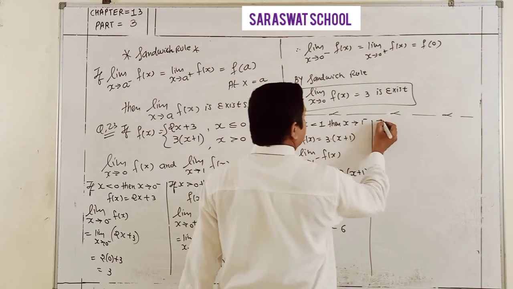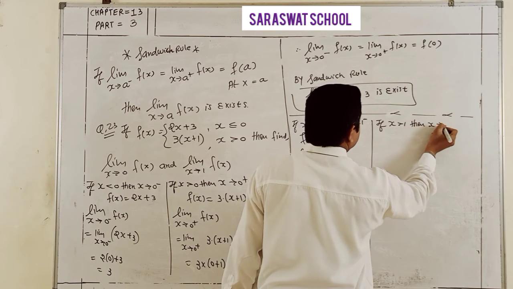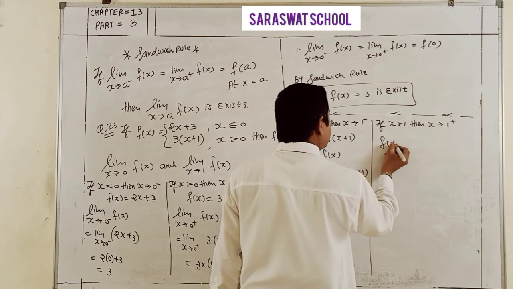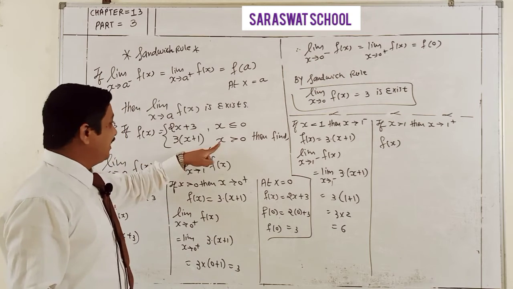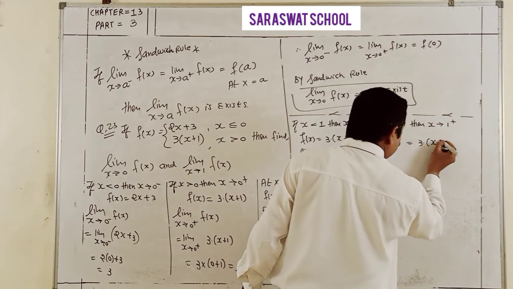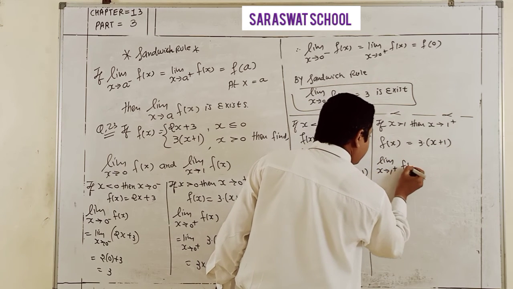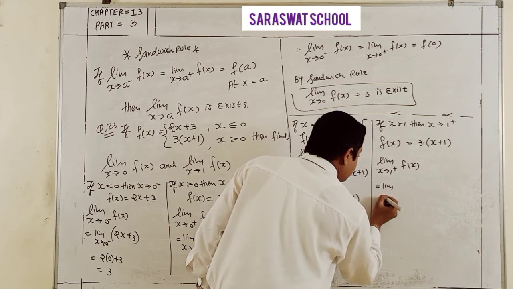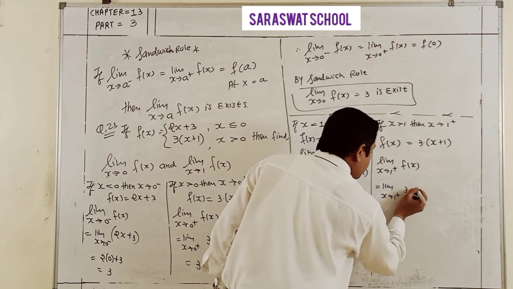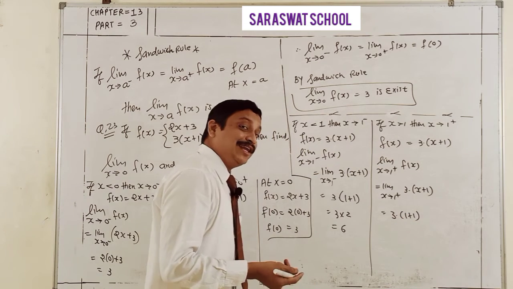Now continue. If x is more than 1, x tends to 1 positive. Now which function should it be for 1 positive? Again the same, 3 into x plus 1. So limit x tends to 1 positive of the function, similarly apply 3 into x plus 1. Here also, students, put down only 1 in place of x.